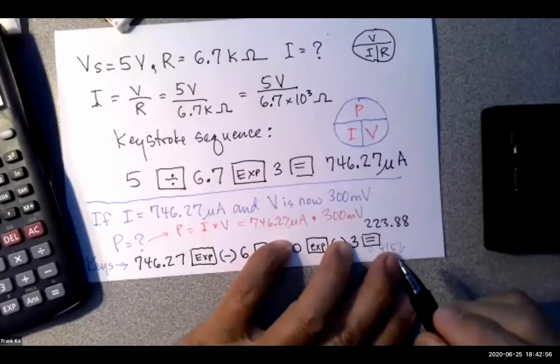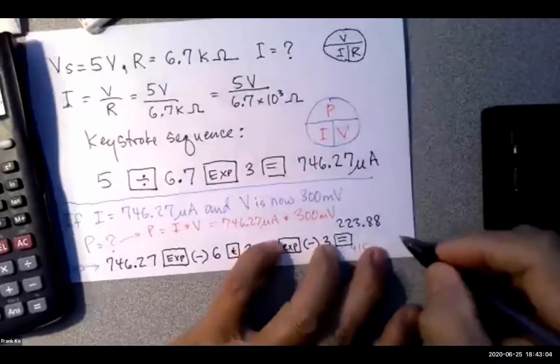Yeah, I got 223.88 capital MW. That should be megawatts. Is it a +6 or a -6 does your display show? Oh yeah, I got -6, so it should be microwatts.